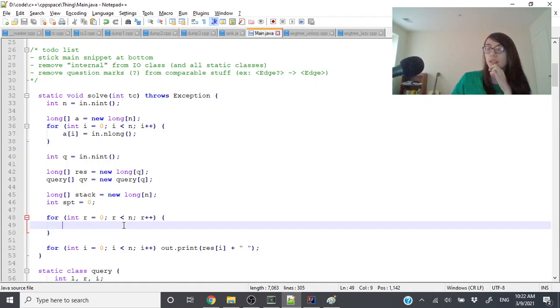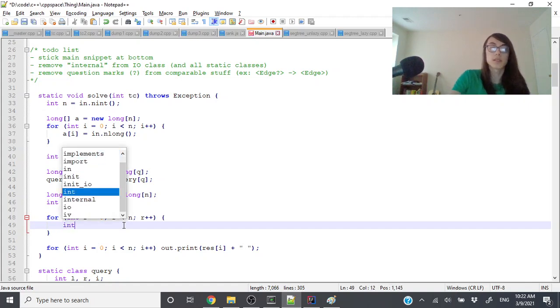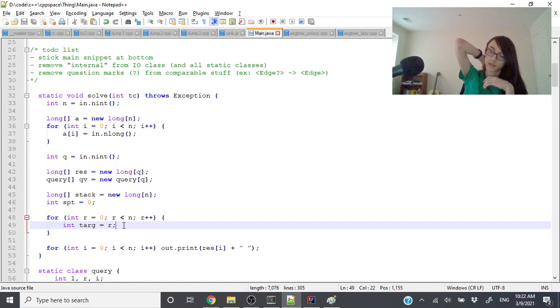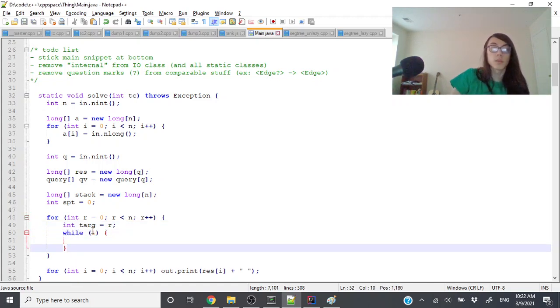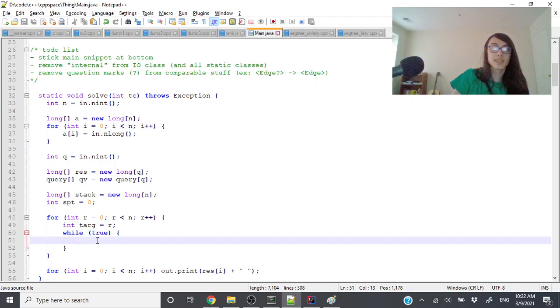Let's do this. All right, int targ equals r. So while true, because Java doesn't have this.